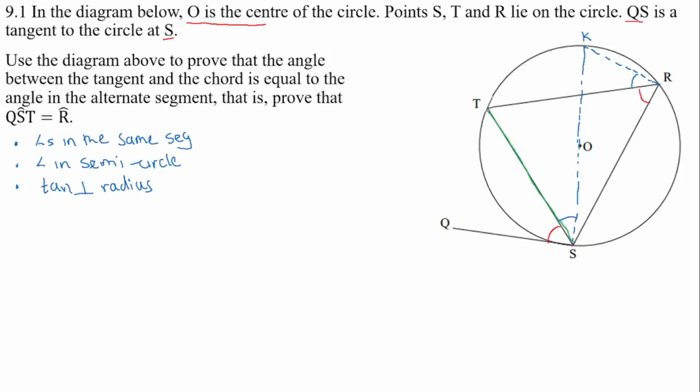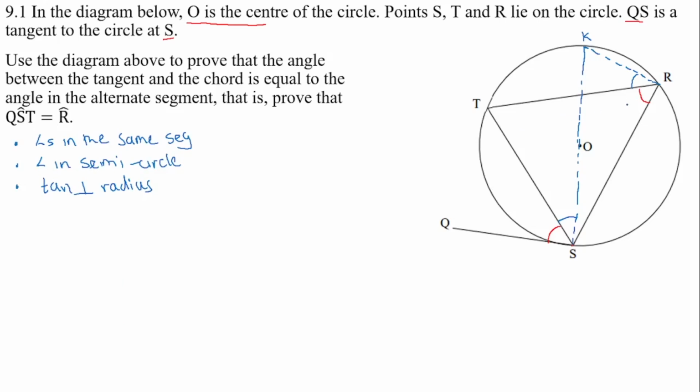So angle TSK is subtended by TK. And then we have angle TRK subtended by TK there. You see that? So these two angles are equal because they are subtended by the same arc or the same chord. We say angles in the same segment.